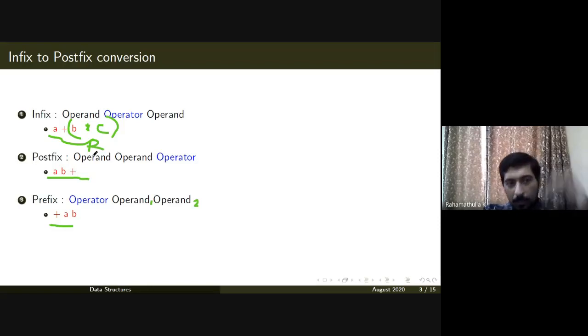So in the case of an infix expression, for example a plus b star c, if we would like to say that a plus b should happen first, then we should write it like this: a plus b in brackets, star c. In this case, the expression a plus b will be done first, then multiplied by c.